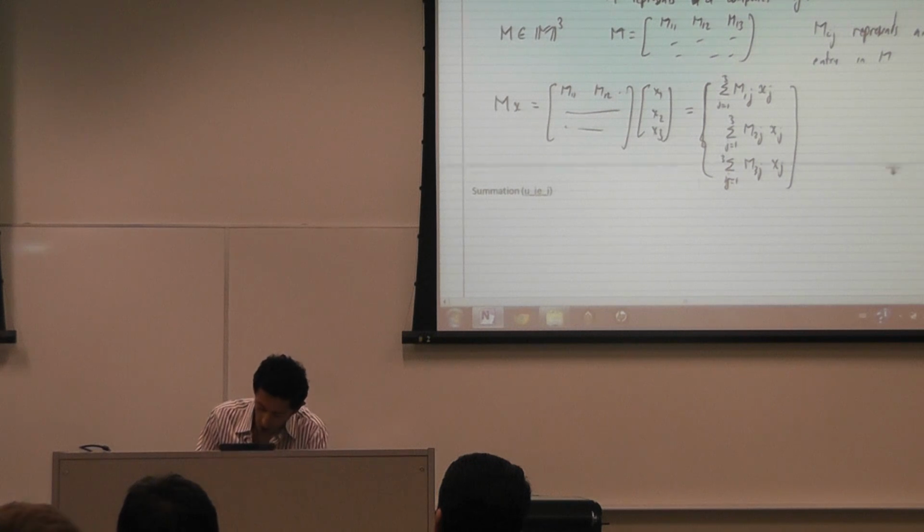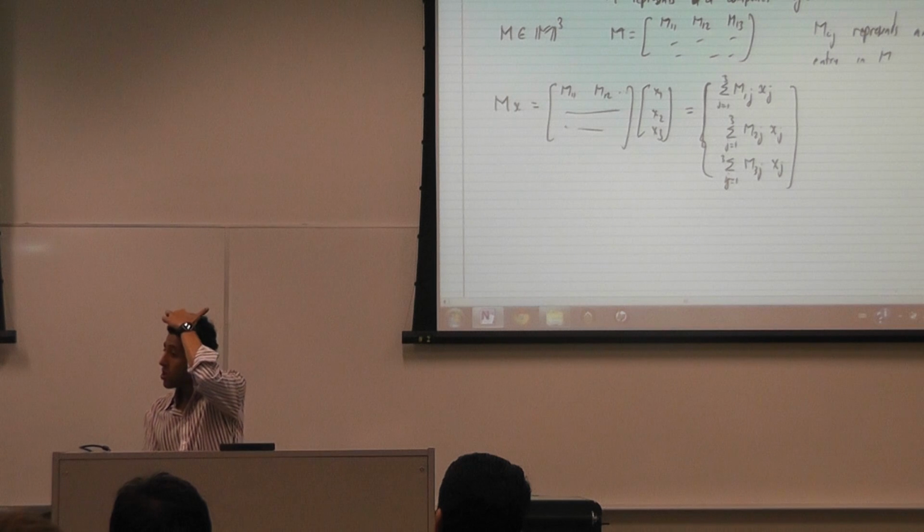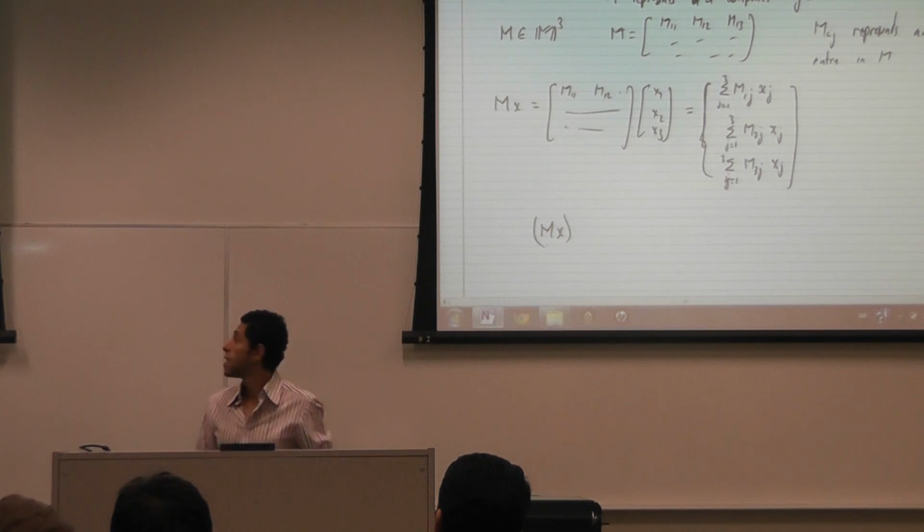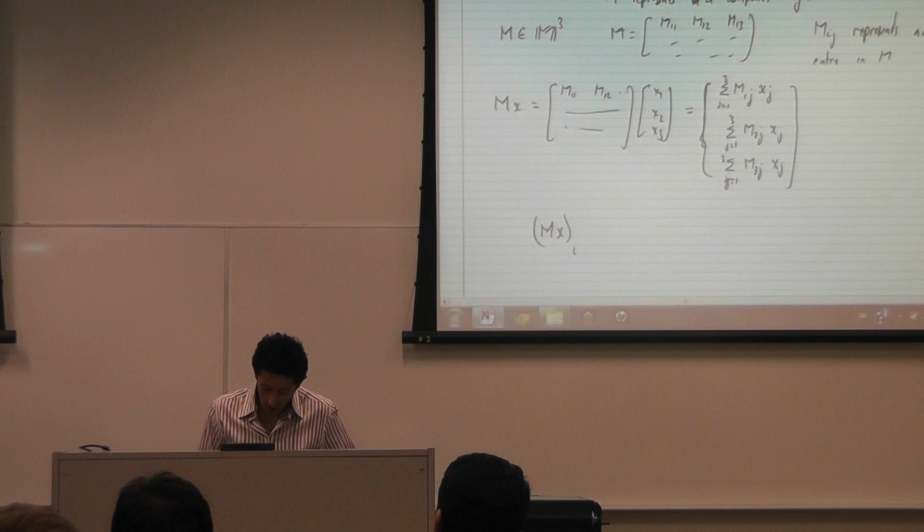The summation convention allows me to reduce all this to saying that the vector that results, Mx, the component i, is equal to the sum from j equal 1 to 3 of mij xj.